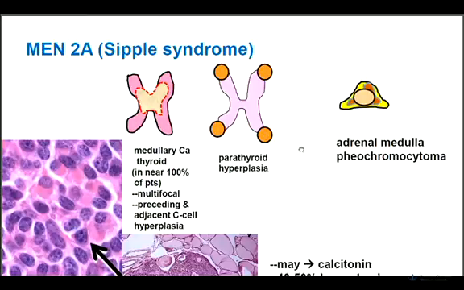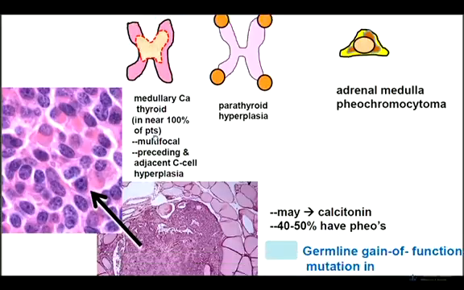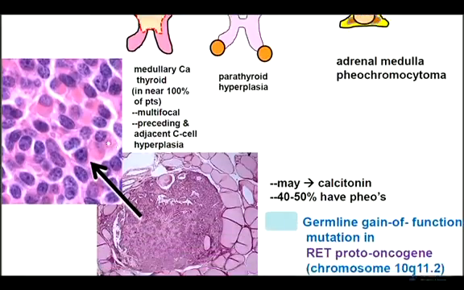MEN2A is Sipple syndrome. So this is medullary carcinoma. So here's a picture of medullary carcinoma, which looks different, of course, from the thyroid papillary. So no papillary structures. Here's the tumor amidst the thyroid gland. No follicles, no papillae, just a sea of cells, and there's calcitonin-producing cells. So we have medullary carcinoma, parathyroid hyperplasia.